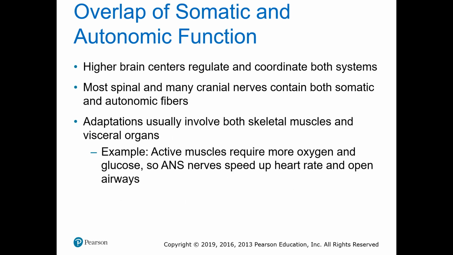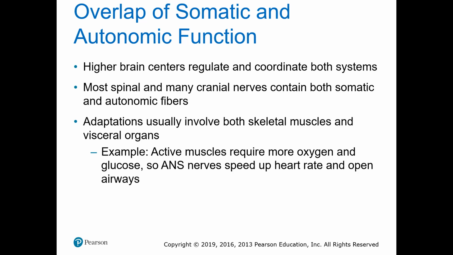Now, these systems are going to overlap a lot. The somatic side and the autonomic side are going to have a lot of overlap here. The spinal nerves and the cranial nerves may have both types of neurons, both somatic and autonomic. It depends on what we're doing.